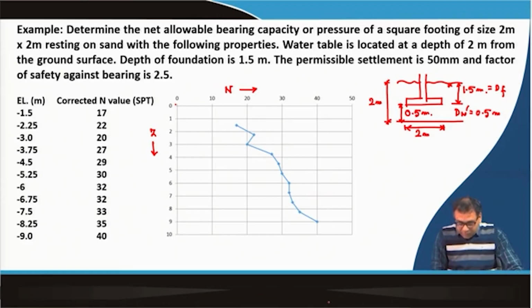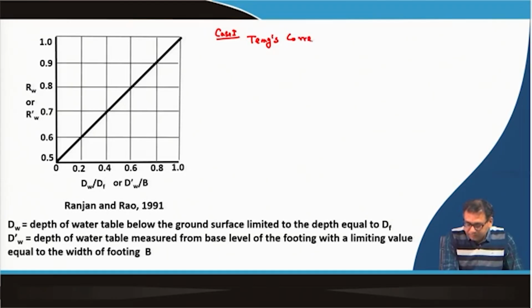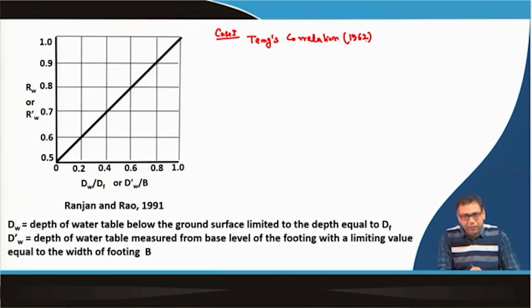Okay. So, the first correlation that we will use is the Teng correlation. That is my case 1, the Teng correlation (1962), and this is for square footing.